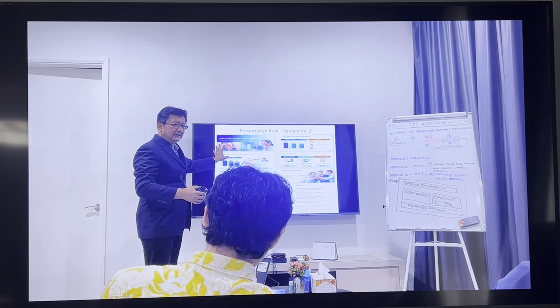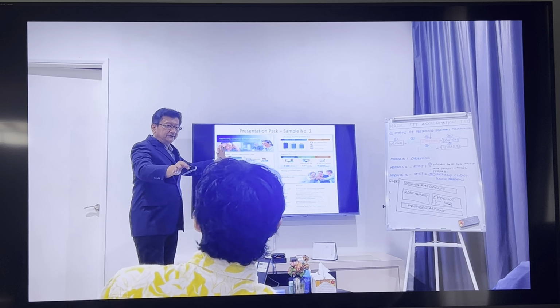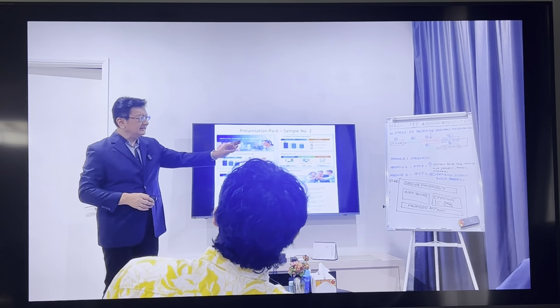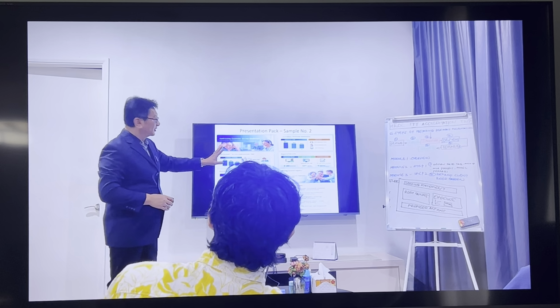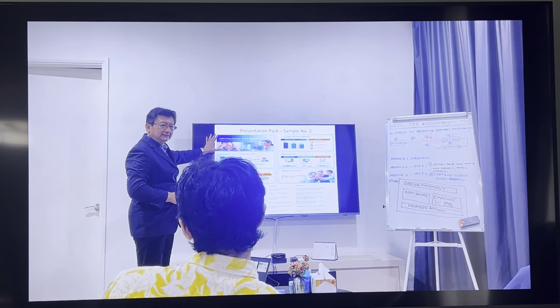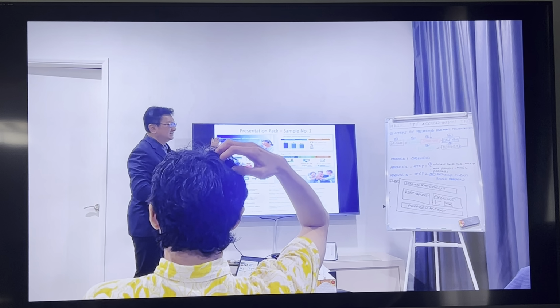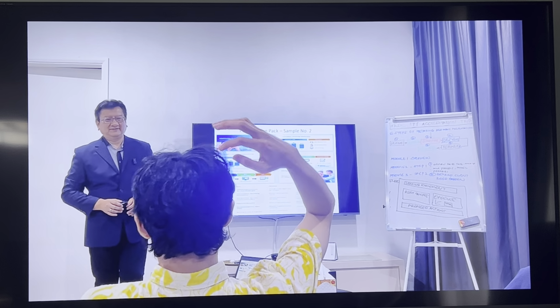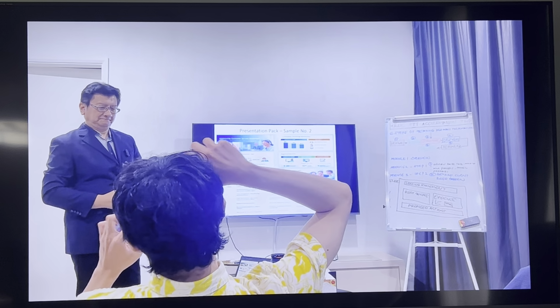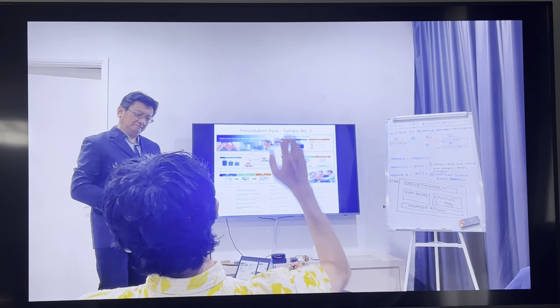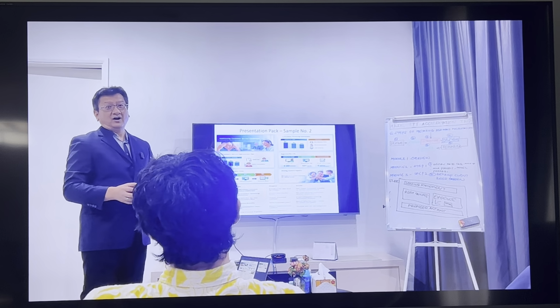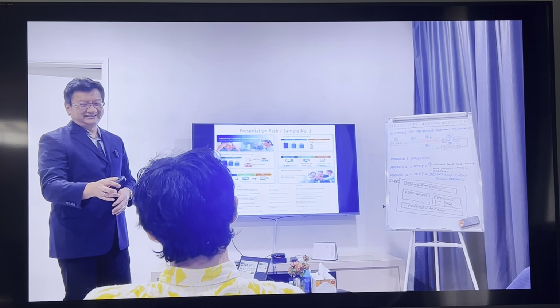In this case, Alif, when you design the RISCA mock-up model, for your slide number 1, what do you see? What will be your slide here? Statement and visual.